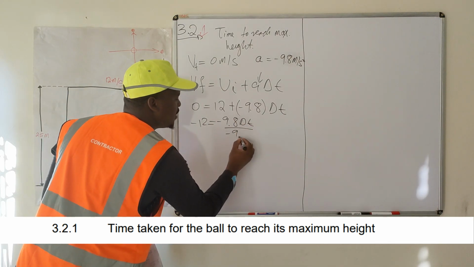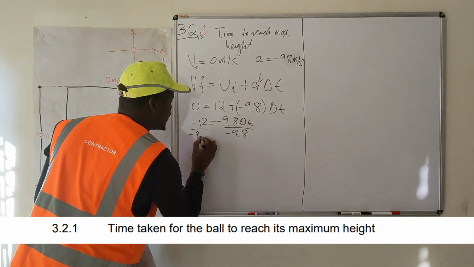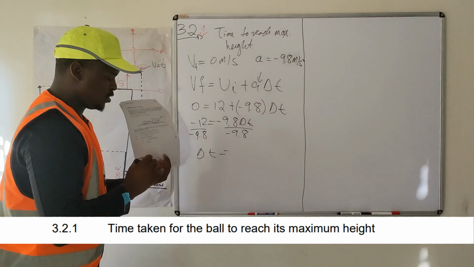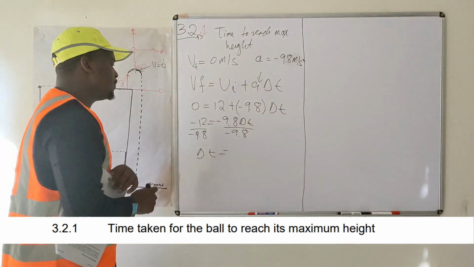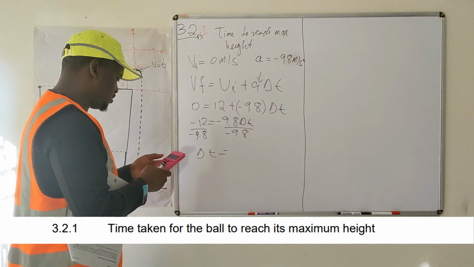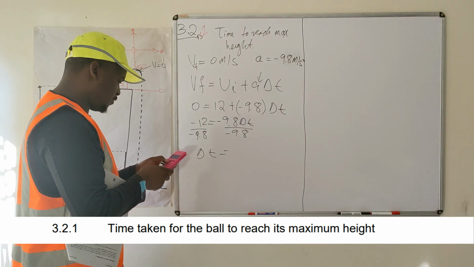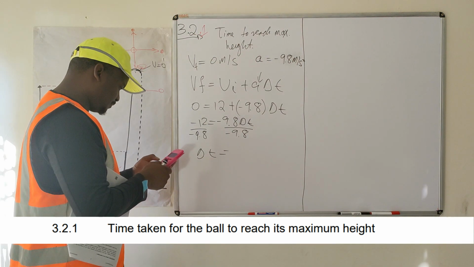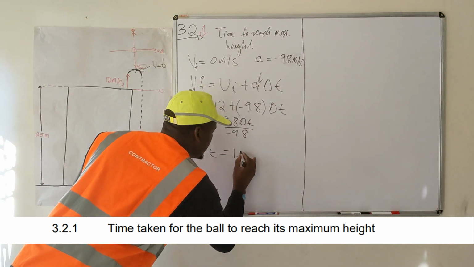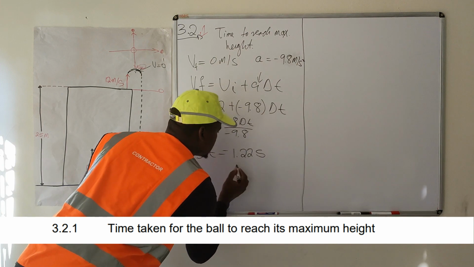So transpose the 12: negative 12 is equal to negative 9.8 delta t. Then divide by negative 9.8. So delta t, the time to reach the maximum height, should be negative 12 over negative 9.8. So it's 1.22 seconds, right?